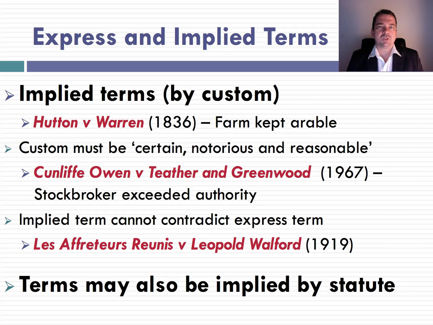But it really depends on the particular statute whether or not that is indeed the case. So overall, we hold that sometimes terms can be implied into contracts by the courts, and this can happen because of facts, because of customs, or because of statutes.